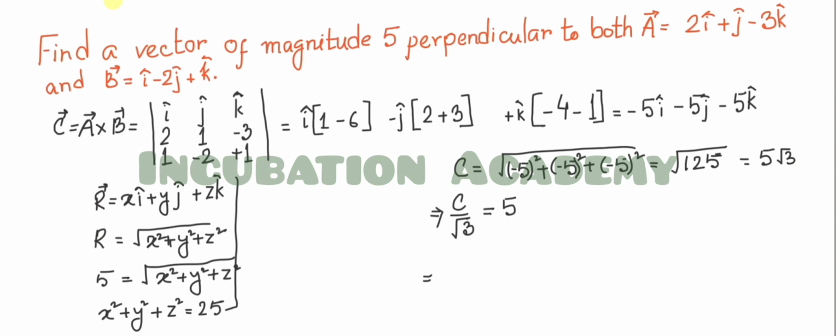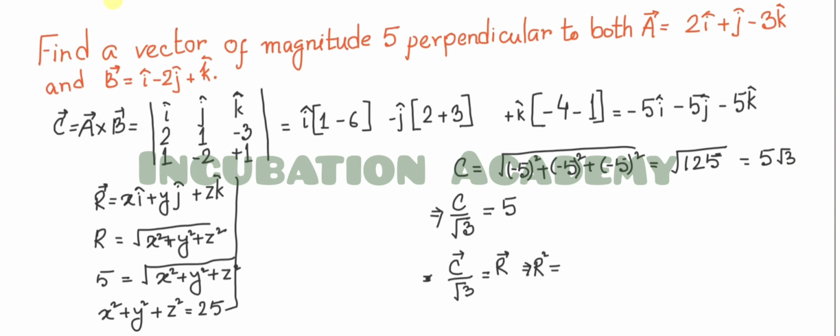What is c? c is minus 5 i cap, minus 5 j cap, minus 5 k cap. So if I take the c vector and divide it by root 3, that will be our r vector, which is of magnitude 5.